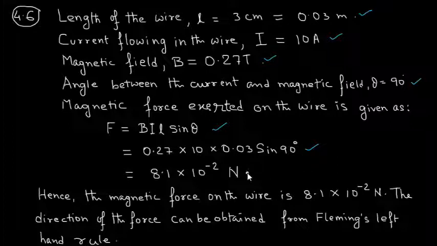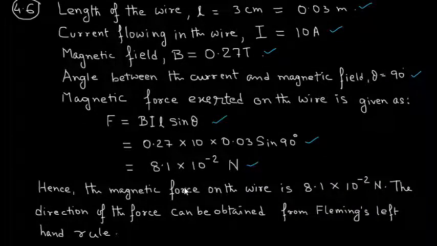Upon solving, we get 8.1 × 10^-2. Hence, the magnetic force on the wire is 8.1 × 10^-2 Newton. The direction of the force can be obtained from Fleming's left hand rule. Let us see the next problem.